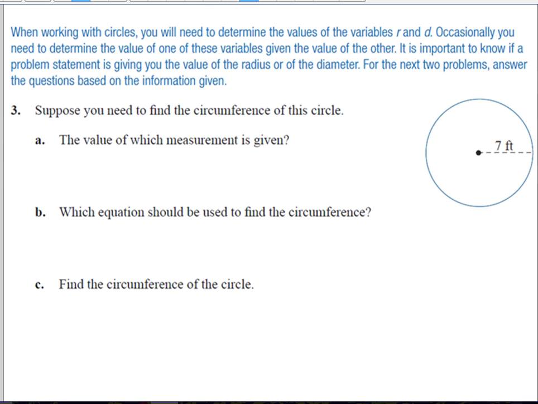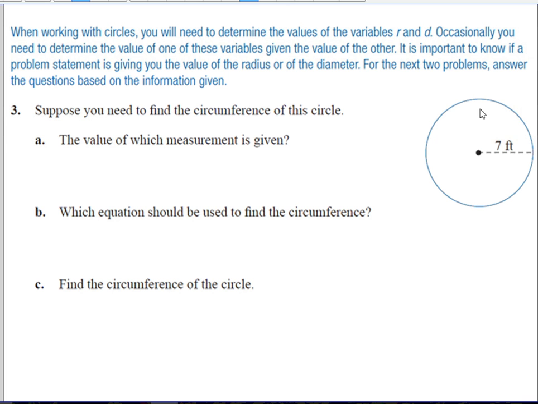So let's look at an example of using these formulas. When working with circles, you need to determine the values of the variables r and d. Occasionally, you will need to determine the value of one of these given the value of the other. It is important to know if a problem statement is giving you the values of the radius or the diameter. For the next 2 problems, answer the questions based on the information given.